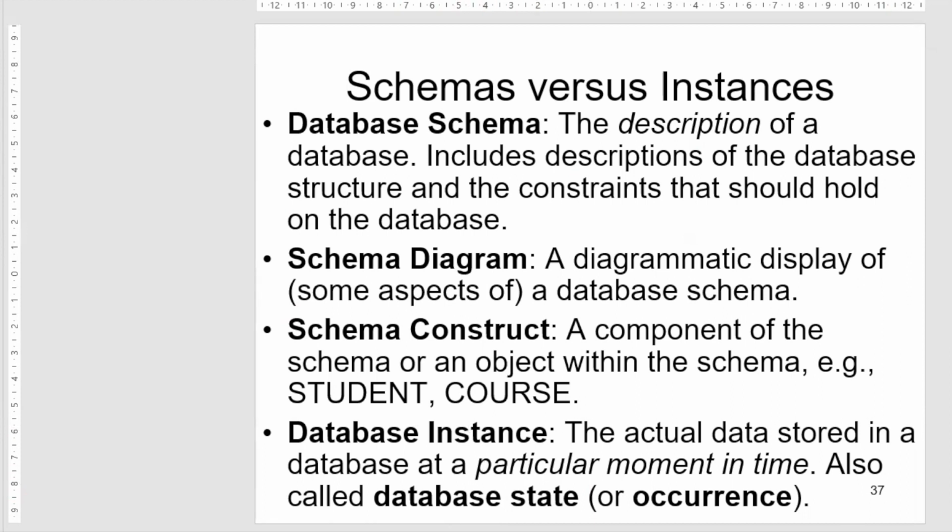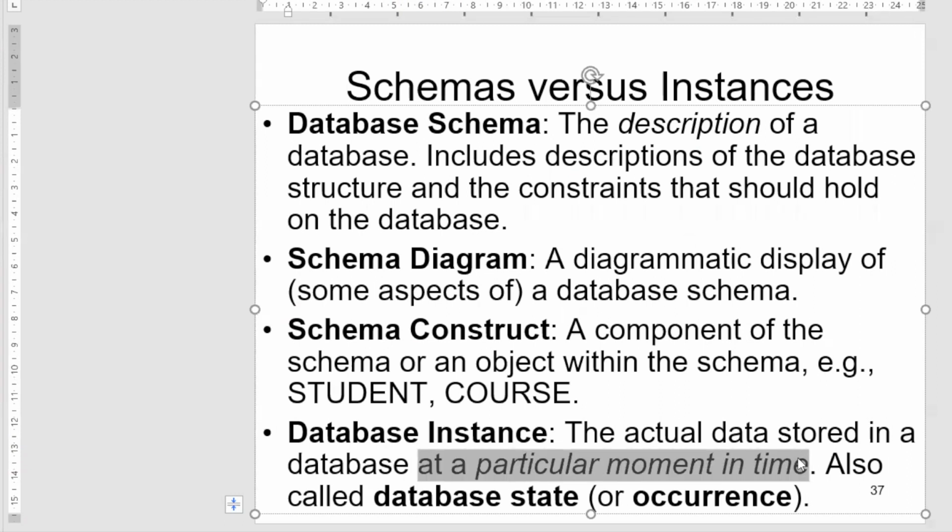Synonymously we use these three terms, with the same meaning. Whether we say database instance, database occurrence or database state, it is the structure filled with data at a particular moment in time. This is important.